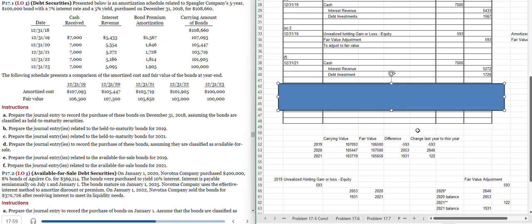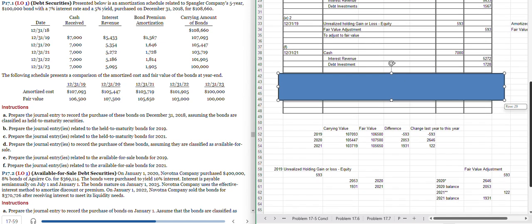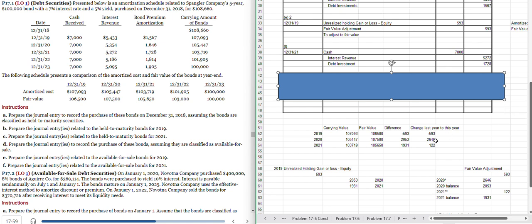The unrealized holding gain or loss has a credit balance. We don't realize that exactly, so we have a credit balance of 593 in the fair value adjustment account.